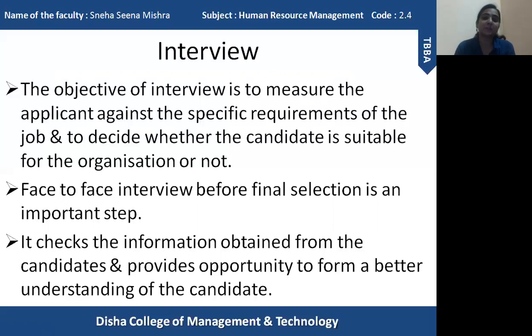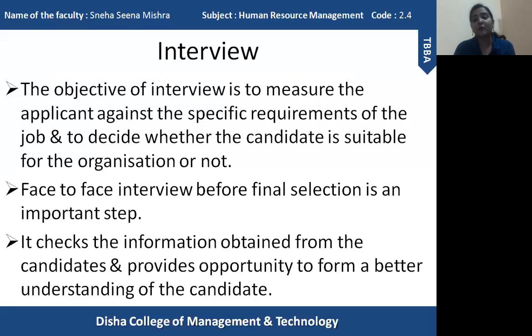And in that session, the interviewer will ask many questions regarding the job, regarding his or her interest, qualifications, education, and many other things. So information can be obtained through this interview process. Information regarding the candidate, regarding his interest, his opinion regarding the job, and various other aspects. So this is also a process to collect information about the candidates.